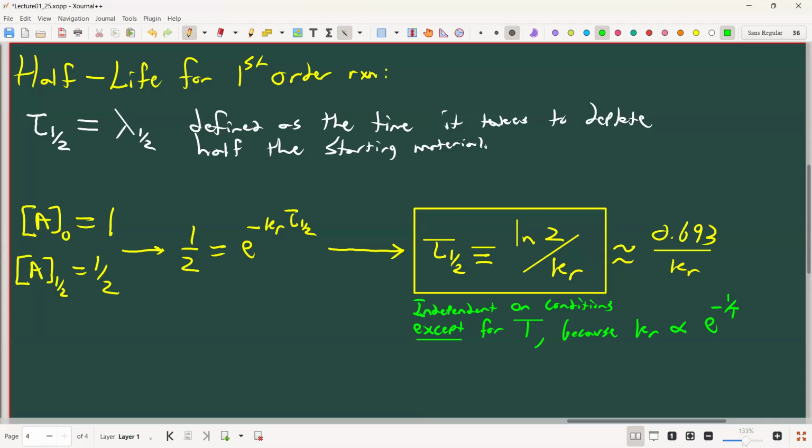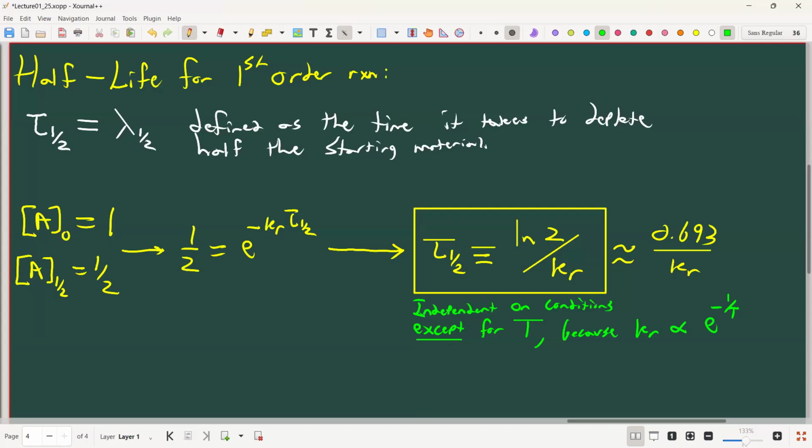That's really helpful. If you have a first order reaction and you're curious about the kinetics, you never have to worry about your initial concentration, because the amount of time it takes to deplete half that initial concentration is fixed at fixed temperature. Really nice. We're going to find that in a second order reaction, where you have two molecules coming together, the half-life depends on the concentration of one of them.